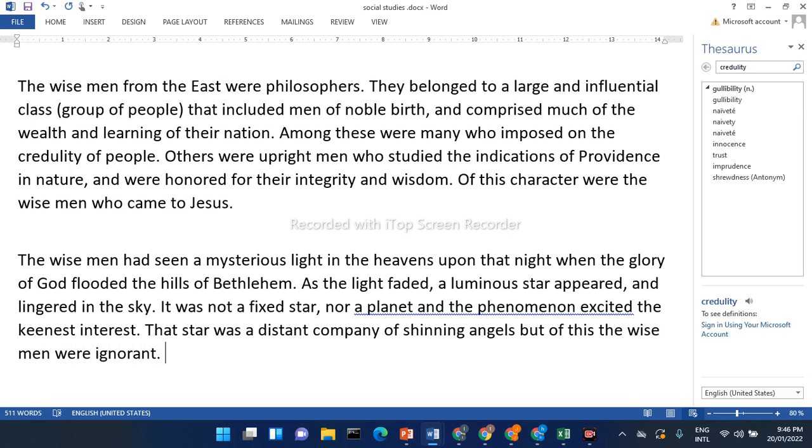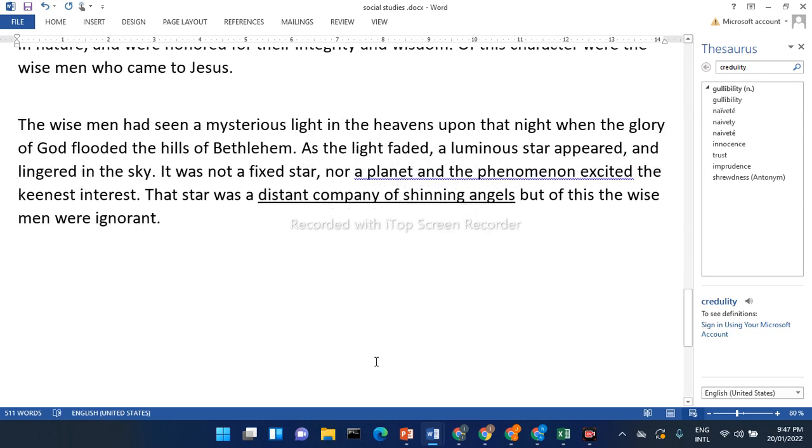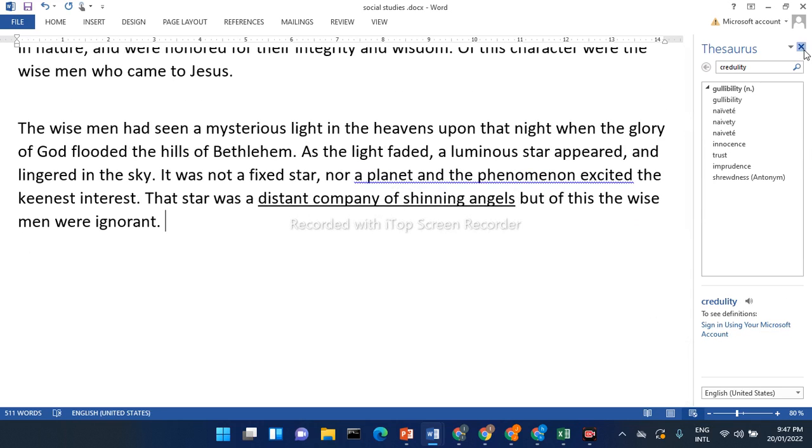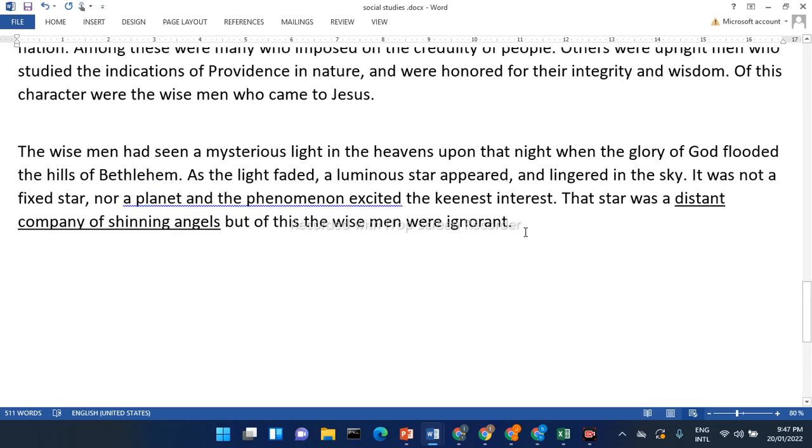What does that mean? The star, what it really was, was a distant company of shining angels. But the wise men didn't know that. All they saw was what looked like a star, and it surely did look like a star. But because it was so far in the sky, and human vision is only so much, they didn't know that if we could zoom in close enough, what they really would have seen was a distant company of shining angels, a group of shining angels.